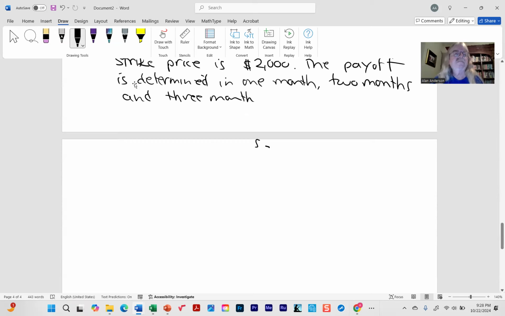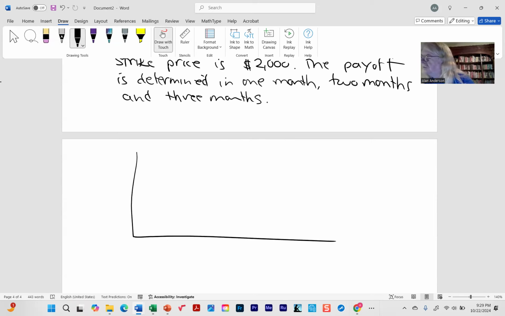So this is what's going on. Let me draw you a little graph. Here's the gold. And here's today, here's time, 1 month, 2 months, 3 months, and 4 months in the future. Here's the current gold price. Here's the gold price, we'll call this S1.